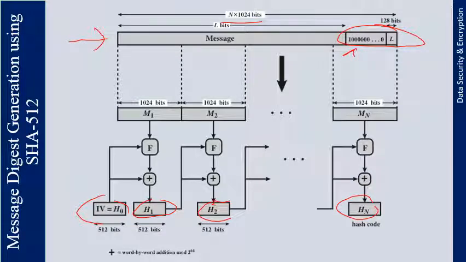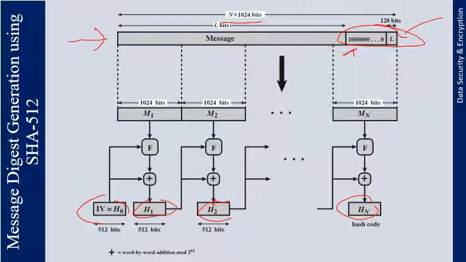In the second step, you append the length. A block of 128 bits is appended to the message. This block is treated as an unsigned 128-bit integer, most significant byte first, and contains the length of the original message in bits before the padding.